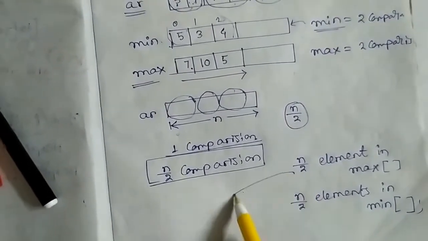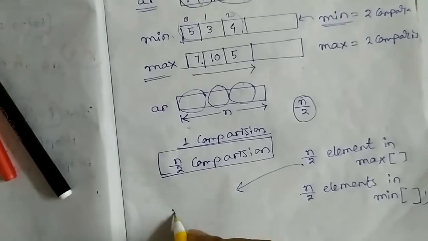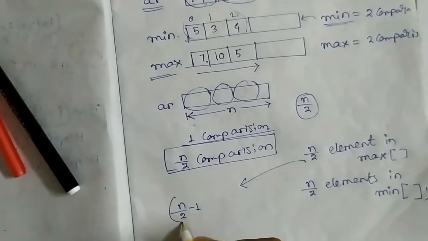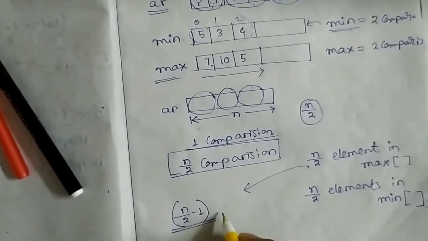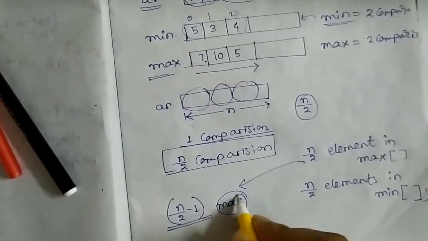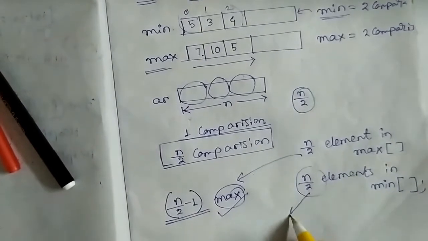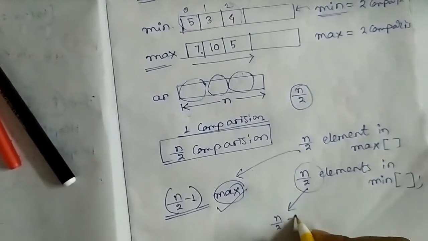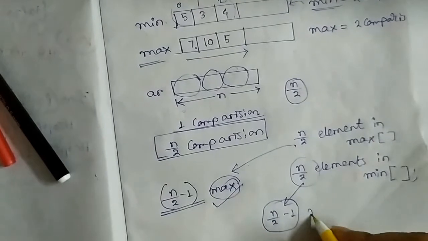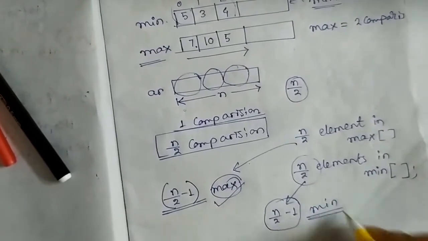And among the n by 2 elements, after n by 2 minus 1 comparisons, I can get my desired maximum element. And after n by 2 minus 1 comparisons, I can get my desired minimum element.